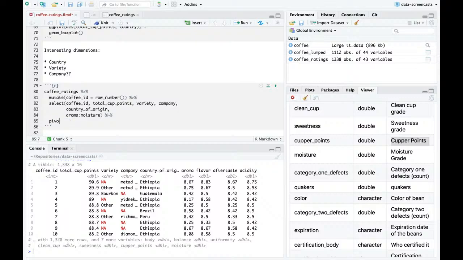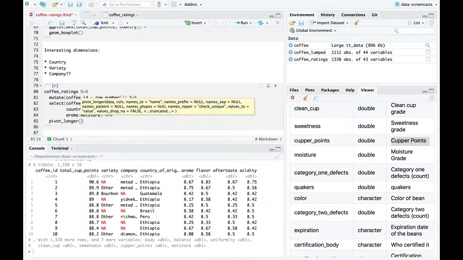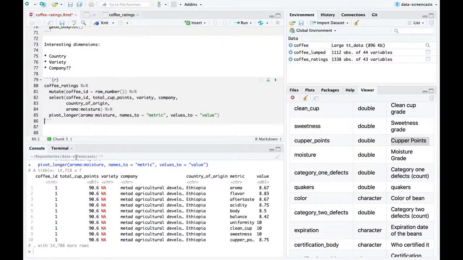So what I'll be doing is I'll say pivot longer. What I'm going to say is I'll pivot the columns aroma through moisture and say the names that it's going to end up is metric. The values to is value. Because I just want aroma is this, the flavor is this, aftertaste is this, and so on.